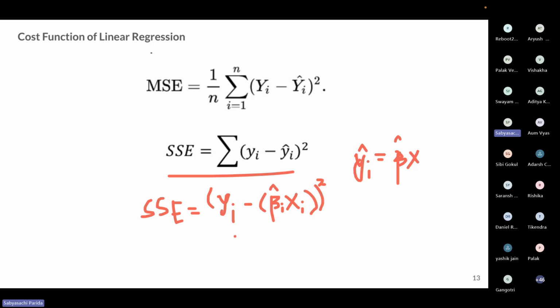So I want my sum of square error to be near zero, or equal to zero. If I make this equal to zero, then yi is equal to beta cap into xi. This is what I'm trying to prove. Then I have to minimize beta cap in such a way that I can find my optimum beta matrix, which makes the sum of square error equal to zero.